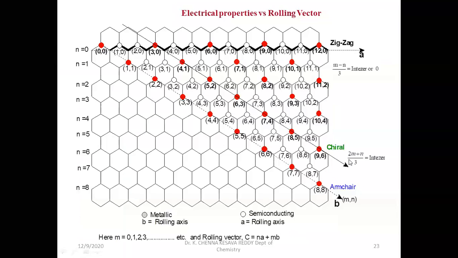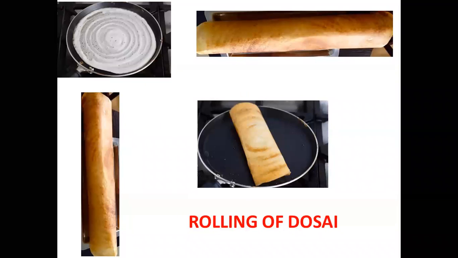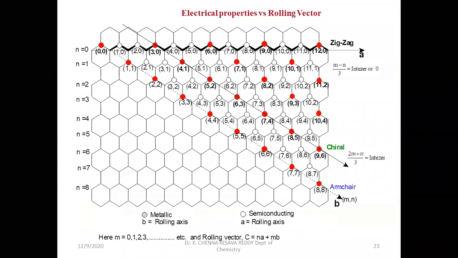See, exactly it is looking like zigzag, horizontal, and armchair vertical only. This is in a straight vector, that means it is vertical, the red color. Okay.